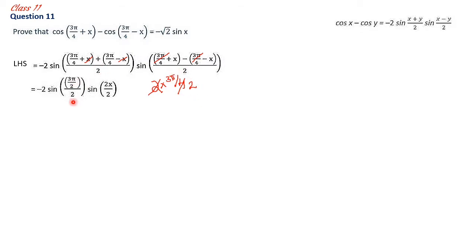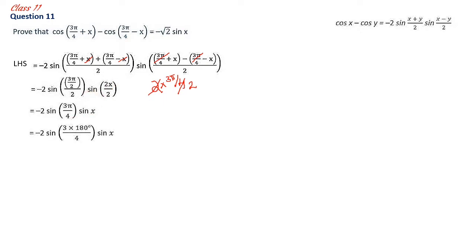Denominator there is a 2. Then x minus into minus plus, so plus x. x plus x is 2x divided by 2. Now these 2 and these 2 we can cancel. So −2 sin, here these 2 will be coming in the denominator. So 3π/4 into 2 cancel, then we'll be getting sin x.